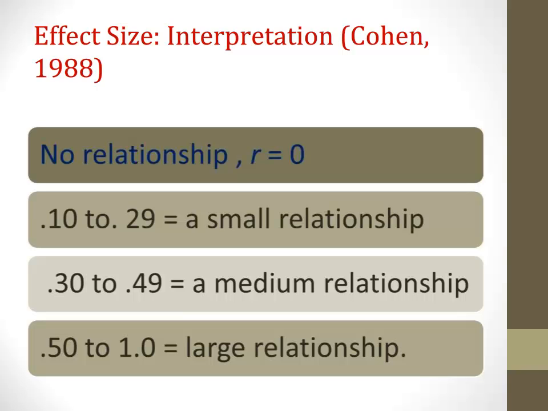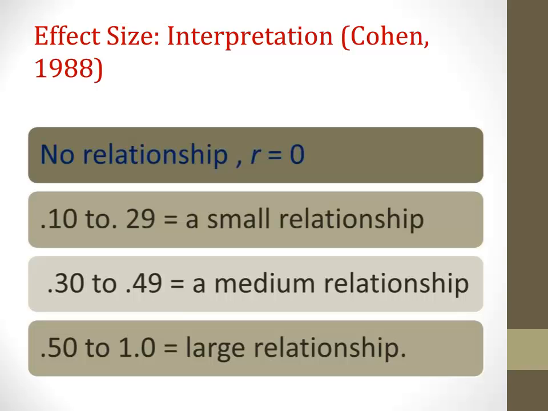We could take this a step further and say that this corresponds to r squared, so r squared would be 0.09, which means that personality explains about 9% of the variance in behavior, because you can square r and then determine the percentage of variance in which one variable explains another variable.